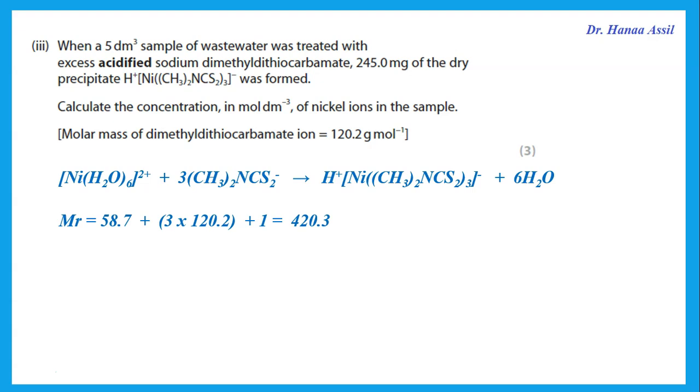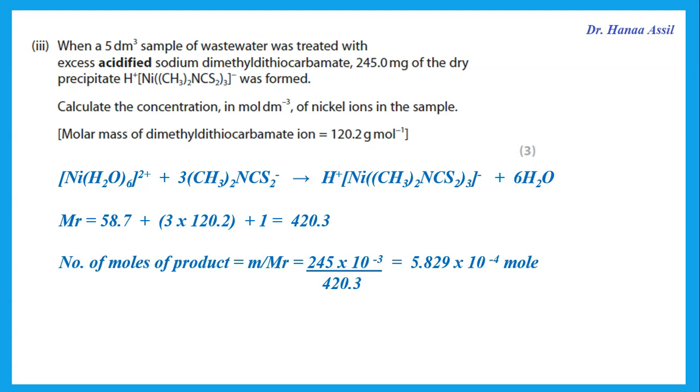So the total Mr of that product is 420.3. Then I can get the number of moles of the product, mass over the molecular mass I calculated. The mass is given in milligram. We should change it to gram, that's multiplying by 10 to the minus 3. So I get the number of moles of the product.